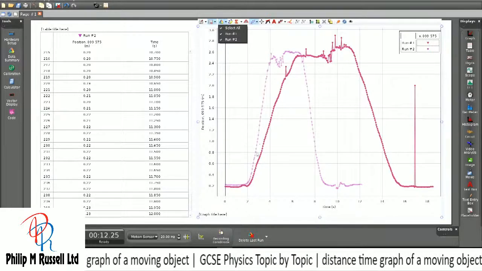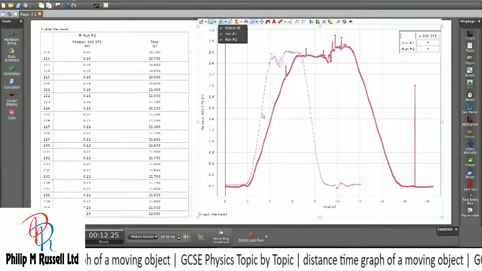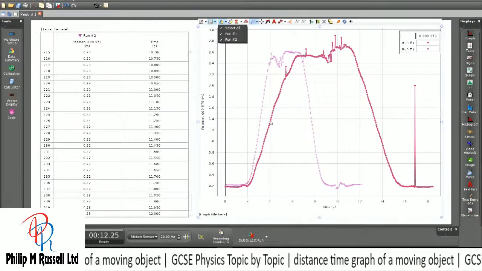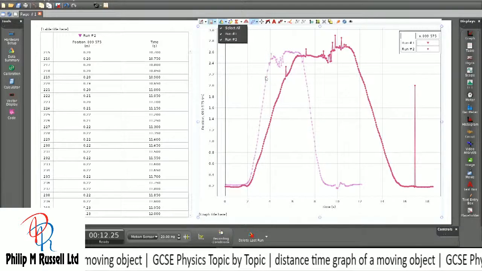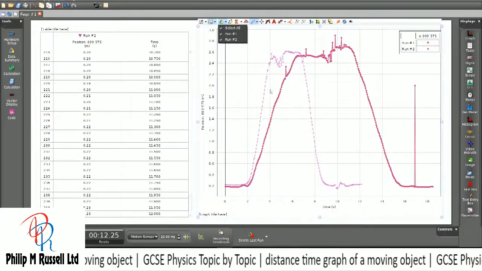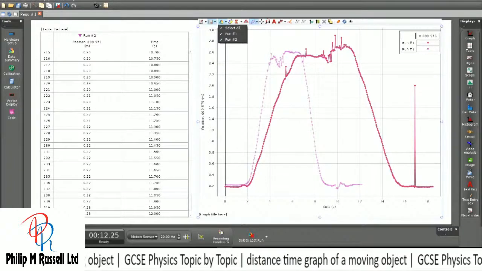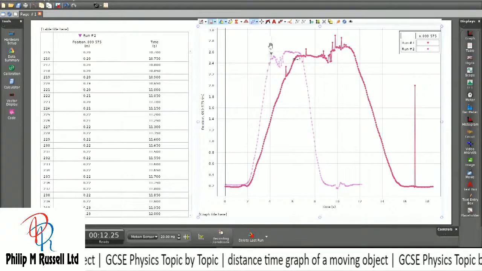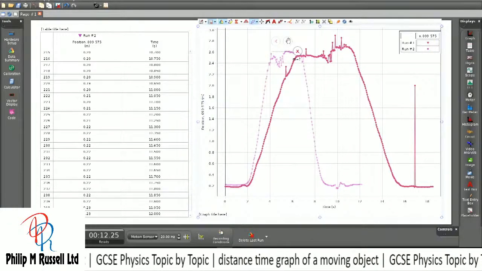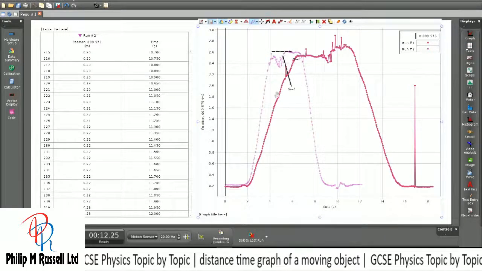and we can see that the second line here is steeper than the first one. So here I can see my velocity was considerably faster, and on the way back this line here is steeper, and we can see that by bringing down a line which I've lost.